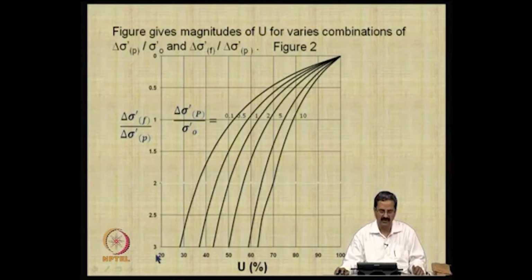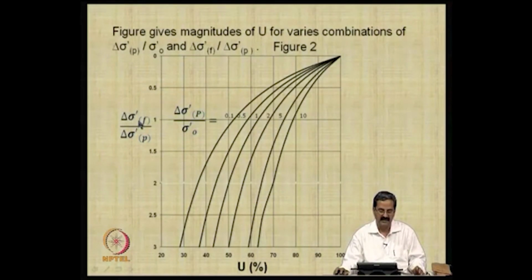This ratio is delta sigma with respect to the initial effective stress, and it can be 0.1, 0.5, 1, 2, 5, 10. Initially it could be maybe 10 kPa, how much extra you are putting, because that is additional load.